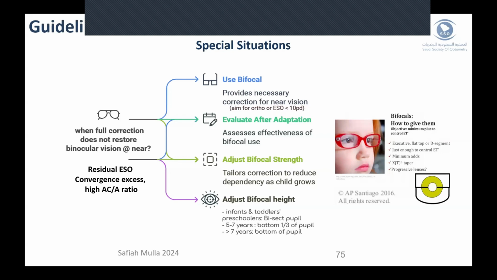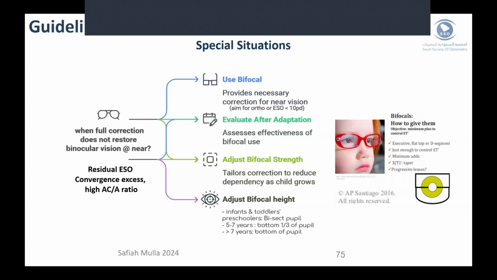But if they have straight eyes at distance and still have some eso at near, you need to give them that bifocal. And again, you have to try to cut that bifocal power every visit they come. So you cut 0.5 and see if the eso or the ortho is still there at near, then you can take that 0.5. If not, you keep it.